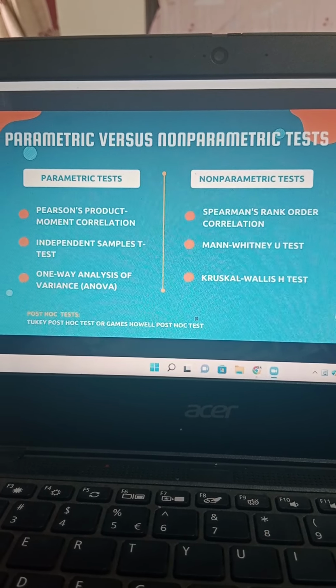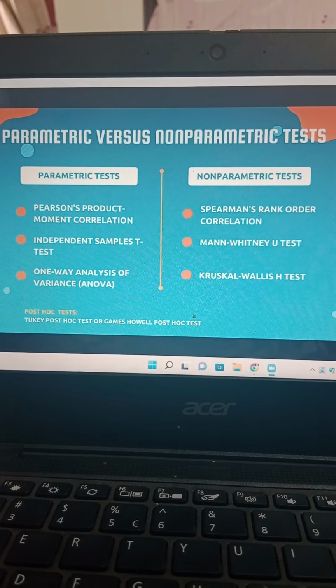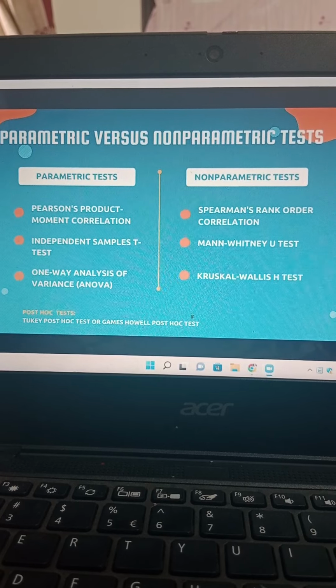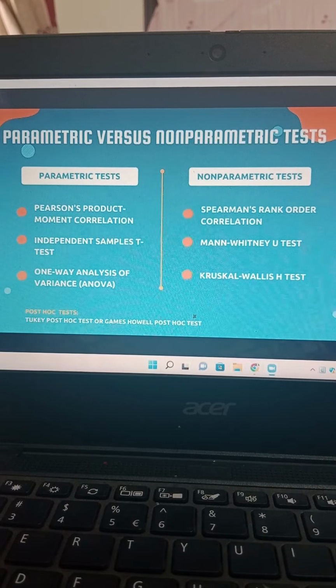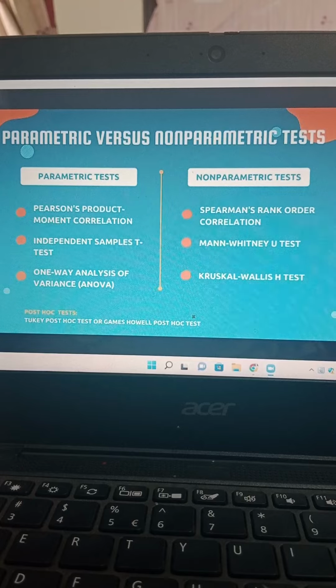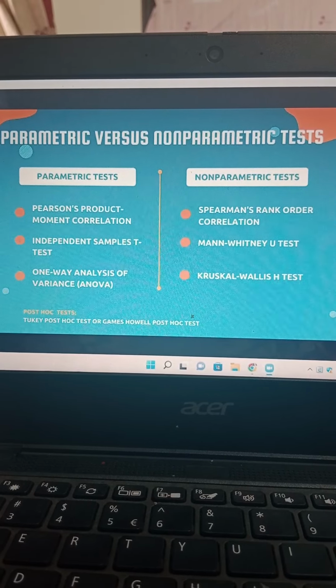Now, when you compare normally distributed data with distribution-free data, what does it mean? For example, in the data that I showed you yesterday, we saw data that is not normally distributed, right?